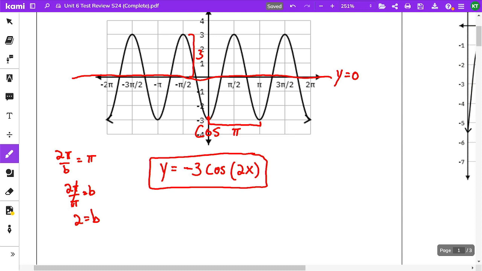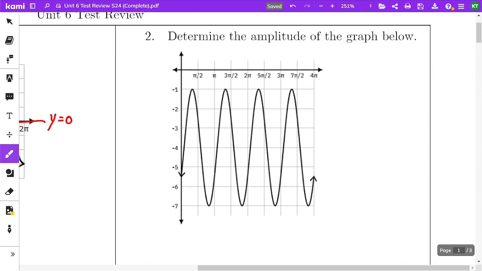We will then move on to our second question here, which is just asking us to determine the amplitude. I again have to find first my midline, which is halfway between my highest and lowest values, halfway between -1 and -7. That will be -4. We can get that by doing our highest value, which is -1, plus our lowest value, -7, divide that by 2, -8 over 2 equals -4.